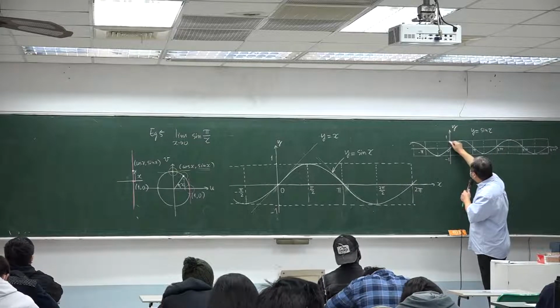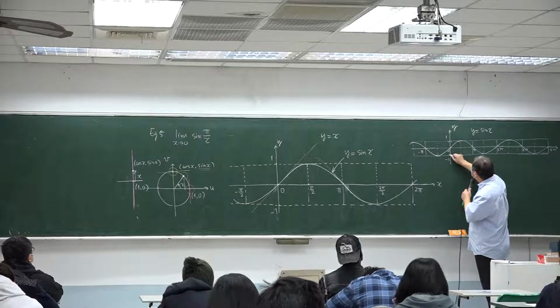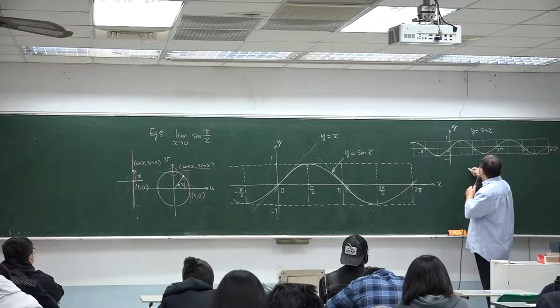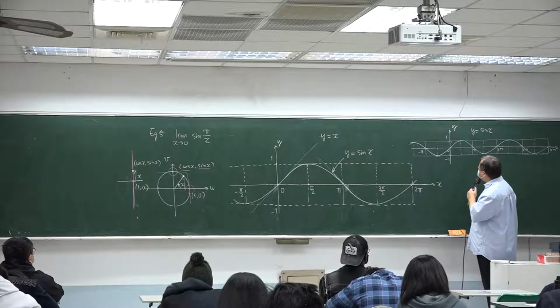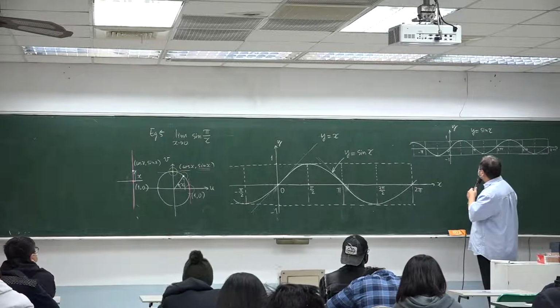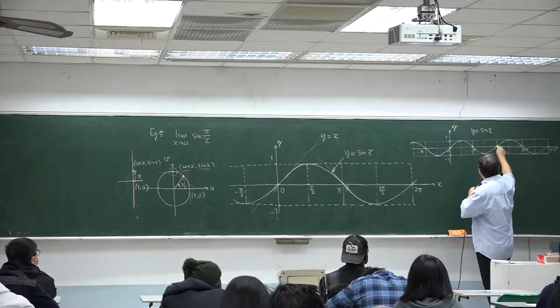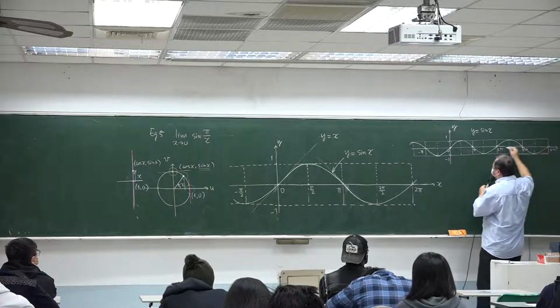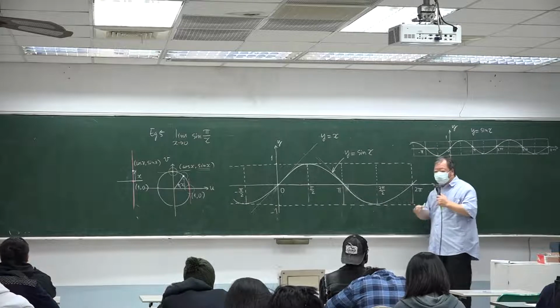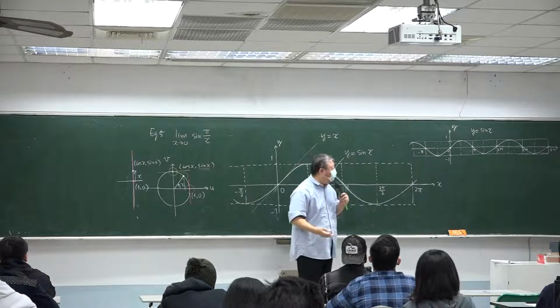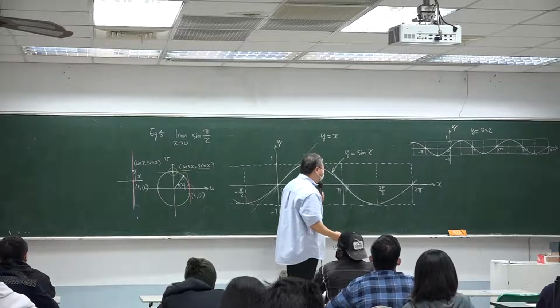Therefore, the maximum of sine is 1, and the minimum value of sine is minus 1. And sine x equals 0 if and only if x is an integer multiple of pi: 0, pi, 2 pi, 3 pi, minus pi, and so on.